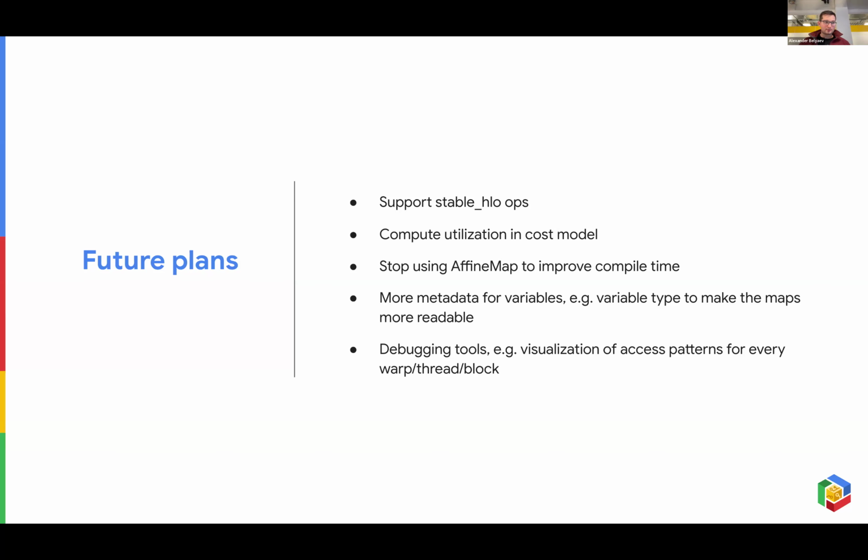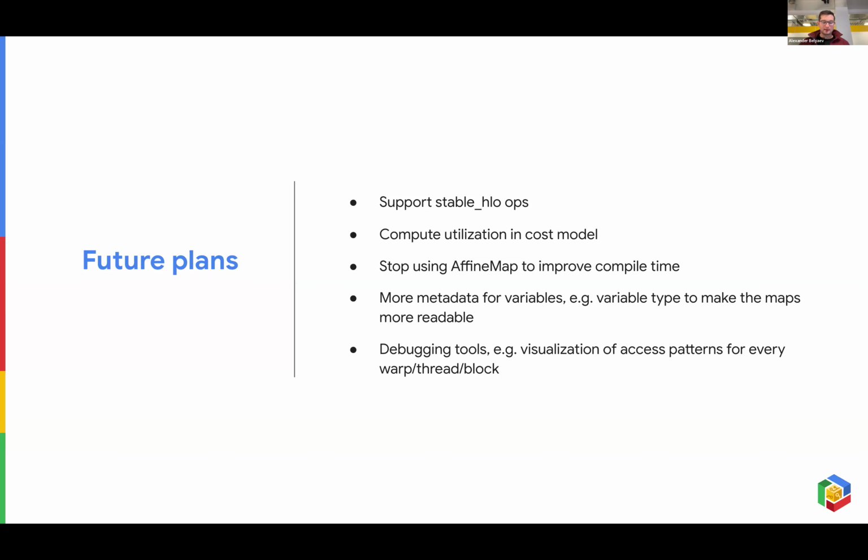Soon it will change. Right now we have 7 emitters, which are recipes for different kinds of fusion, like if you have a reduction, or a transpose, a loop, a scatter, whatever. And we are working on unification of all of that. We will need some dialect in MLIR to represent emitters on tensors.